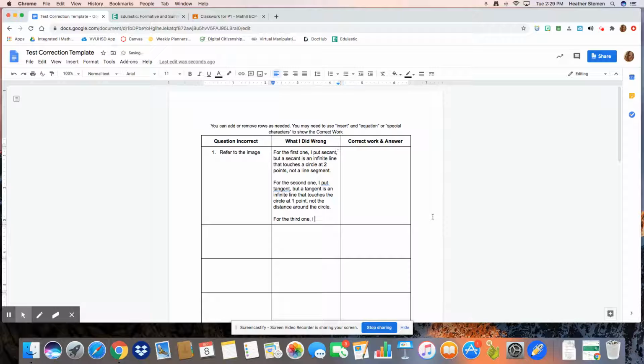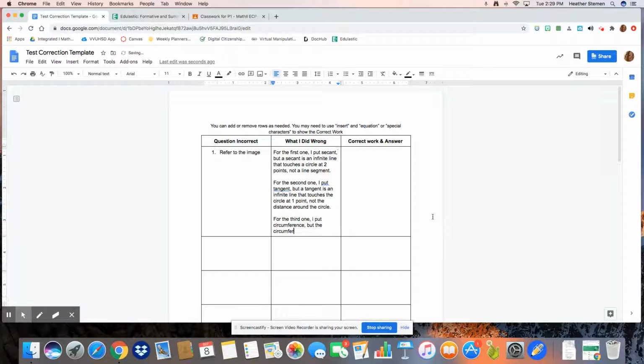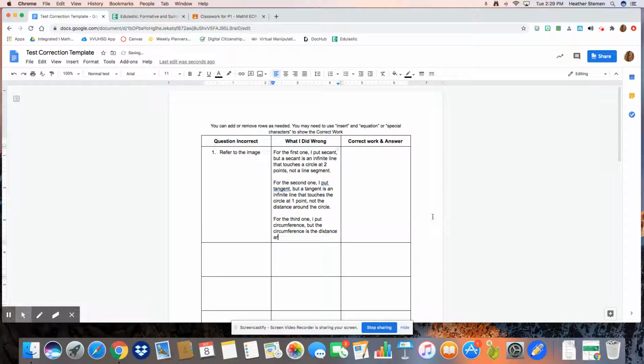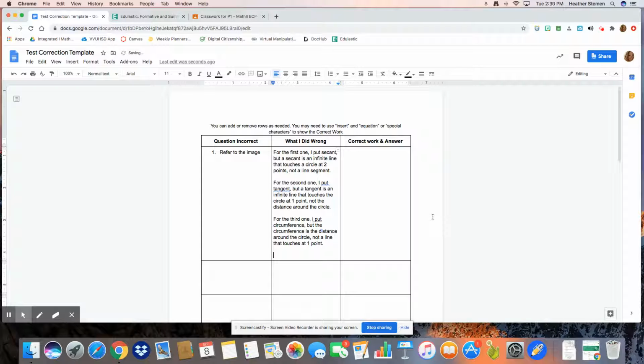So you'd say I put circumference, but the circumference is the distance around the circle, not a line that touches at 1 point. Okay, then you have a 4th one to do. Okay, so you'd have to do the 4th one.